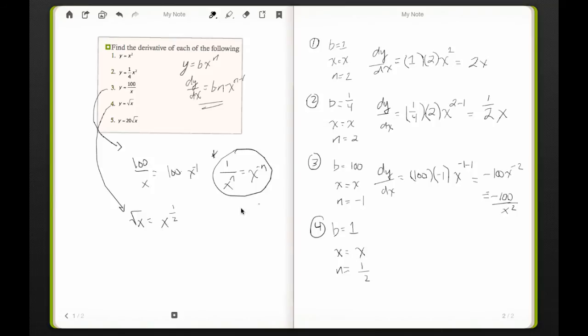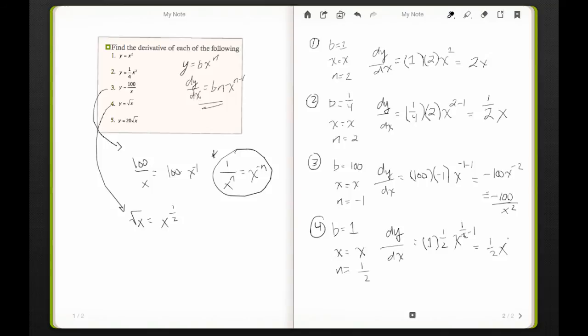Using the power rule, dy/dx is the coefficient times my exponent times the variable to the exponent minus 1, which yields 1/2 x to the negative half. You can keep it like that, or you can write it as 1 over 2 times x to the half. Same exact thing.